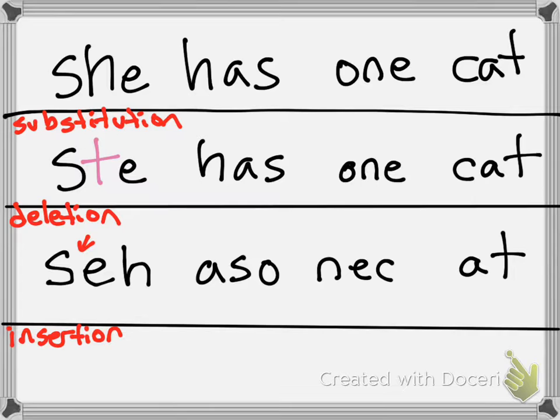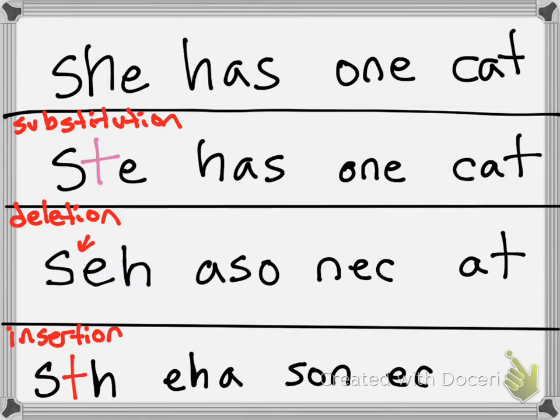Same thing with insertion. Here, if I'm going to insert something in, I'm going to put that there. Does that work? Can I read that very well? No. I have no idea.